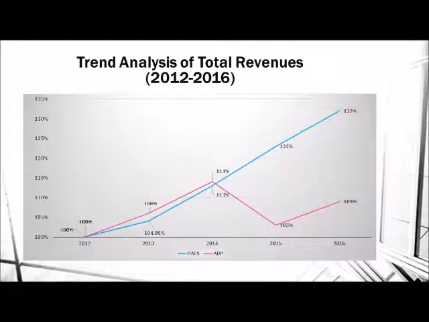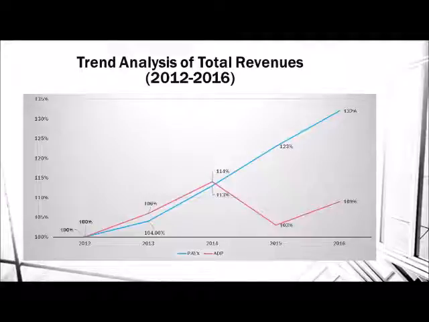For the purpose of the trend analysis on this slide, information was derived from the income statement. More specifically, the revenues from 2012 to 2016 were used to measure the trends between companies who operate in the same industry. You will immediately distinguish that Paychex has generated substantially more revenues than ADP and has also managed to steadily increase from 2012 to 2016.